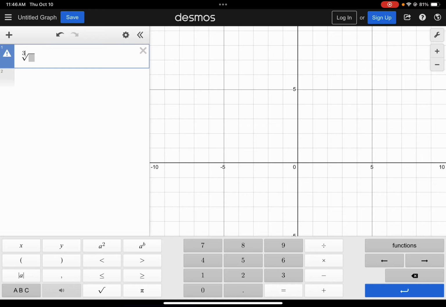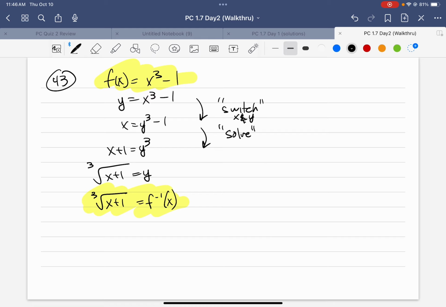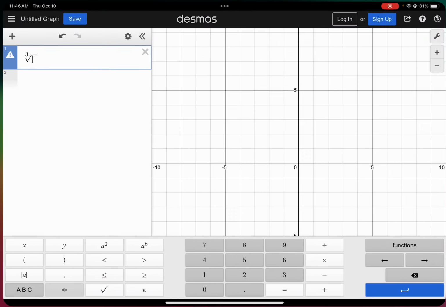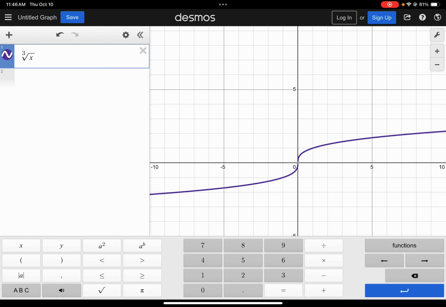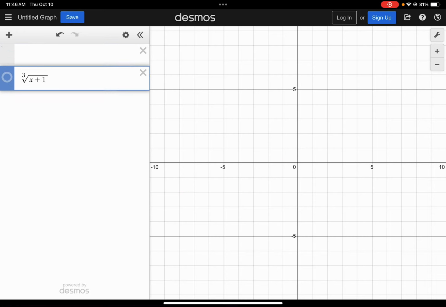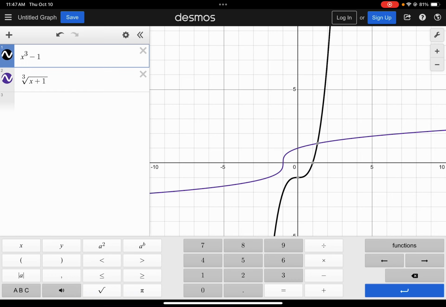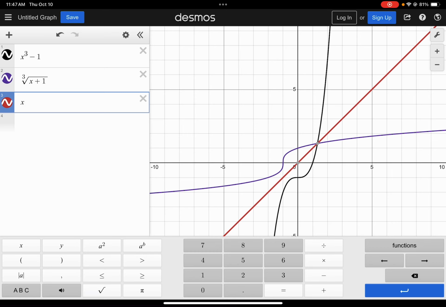So let's go with the cube root of x plus 1. That was my second function, so I'm going to pull it down here. And then my first function was x cubed minus 1. And we see that they are mirror images about the line y equals x.